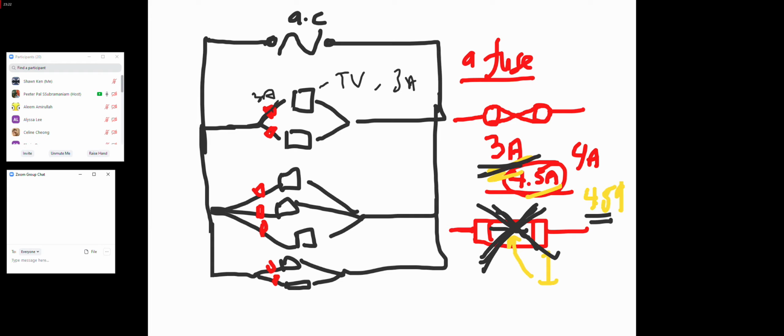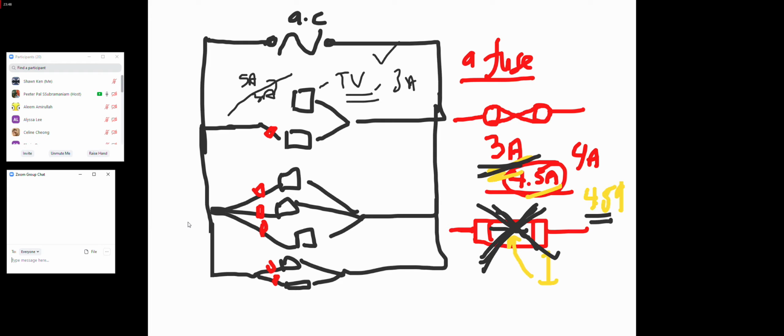Suddenly a higher current flows, because in parallel, you must understand overloading of current can occur. Let's say a 5 ampere current flows. Your TV cannot support that. So before the 5 ampere current flows, the fuse will be disconnected. The moment the fuse is disconnected, this whole part is disconnected and your TV is basically saved.